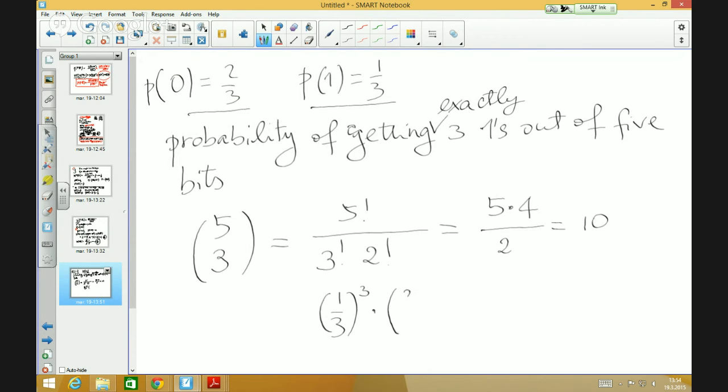So that's 2/3 to the square. That's the probability of getting 3 ones. That's the probability of getting 2 zeros. But that's the probability of getting 1 bit string with 3 ones and 2 zeros. Well, there are 10 of them. So you need to multiply this by 10.